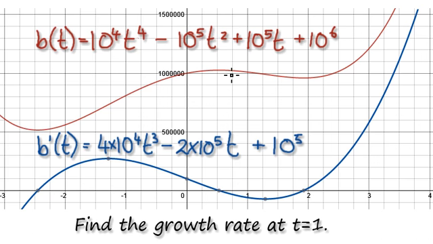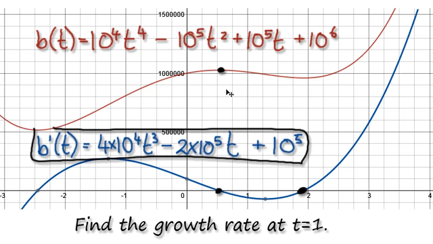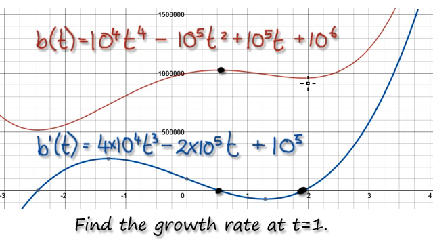So the time at which the population declines is here, which is also here. And the time at which the population starts to grow again will be somewhere around here. To be more accurate, when you look at this, when it equals 0, that's when the population starts to climb again.